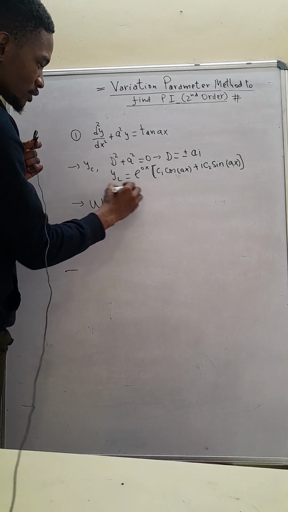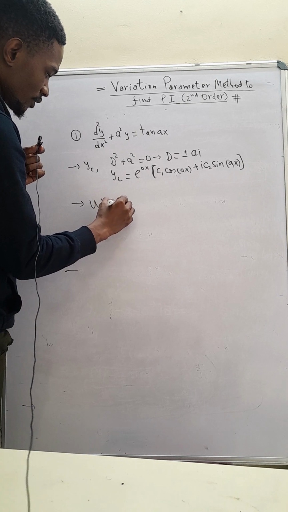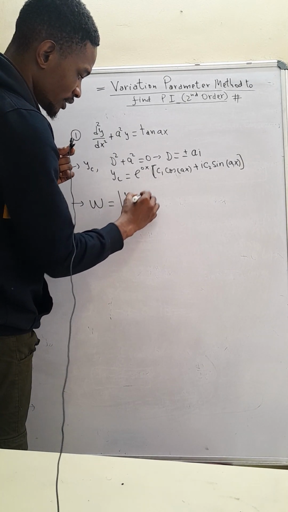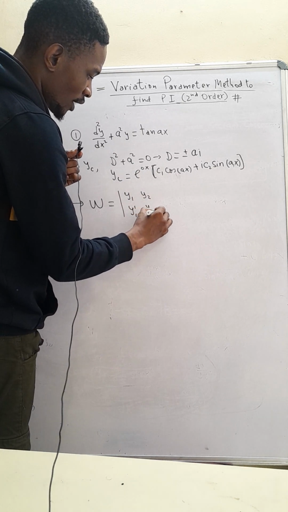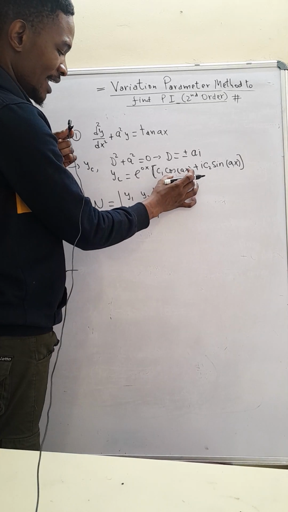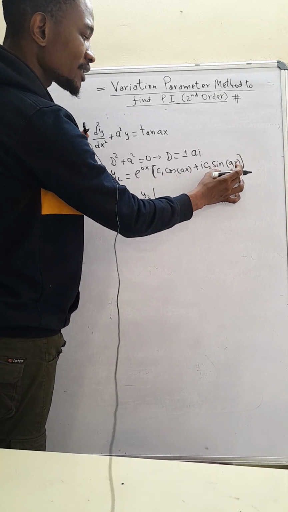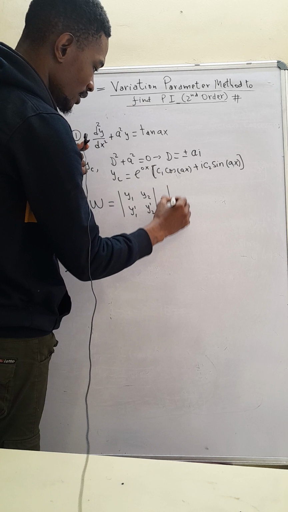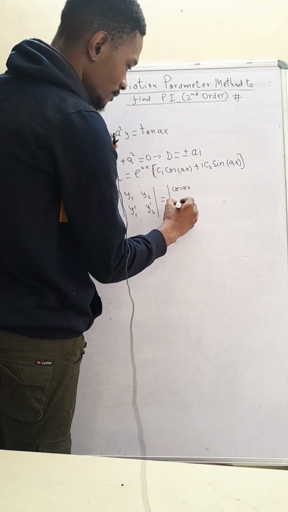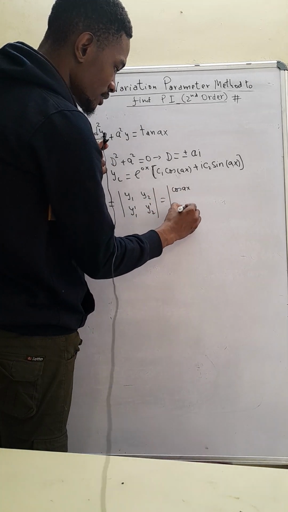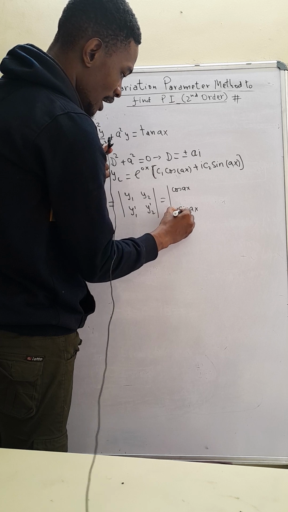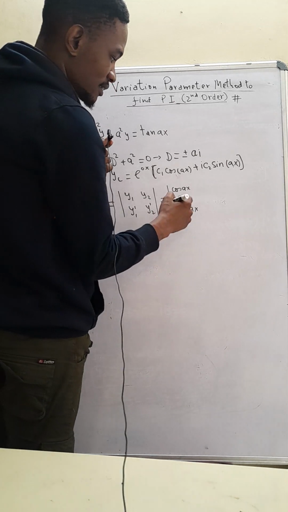Now, find your Wronskian. Okay? So here you know the Wronskian is y1, y1 dash, y2, y2 dash. What is your y1? Your y1 is cos ax. y2 is sin ax. Forget about C1. The derivative of cos is minus sin, so here it will be minus a sin of ax.